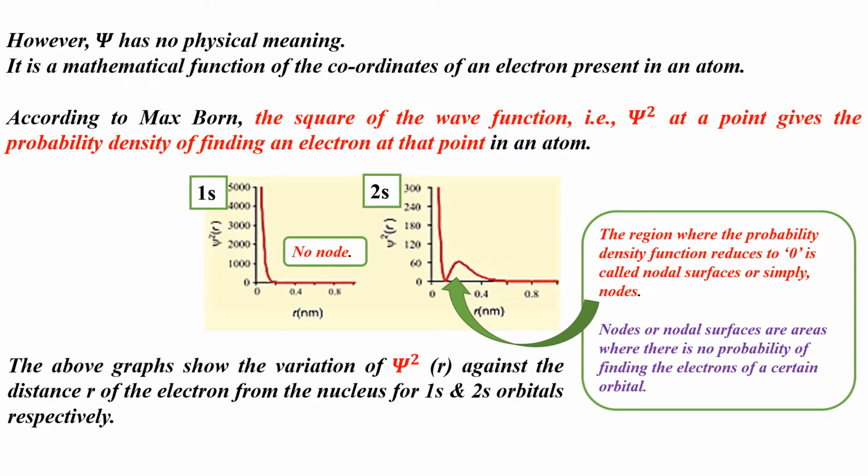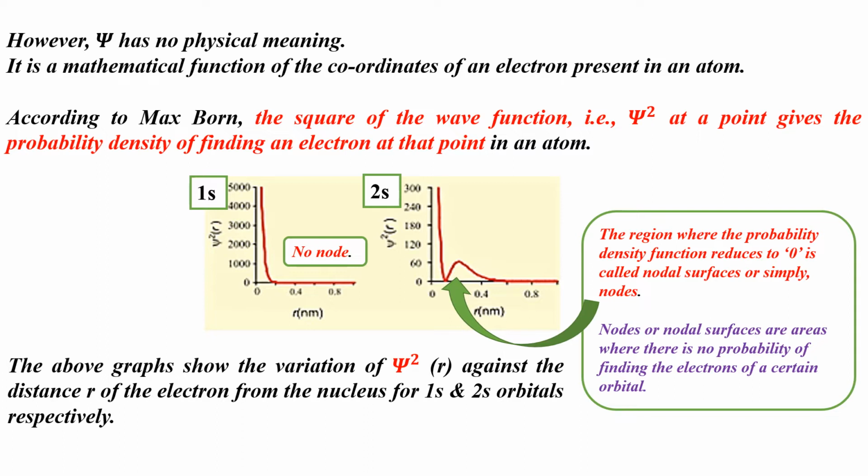The probability of finding a 2s electron increases, reaches a maximum, and again decreases and approaches zero as the value of r increases further. Look at the curve where it first touches the x-axis. At this place, which is at a certain distance around the nucleus, the probability of finding a 2s electron is almost zero.